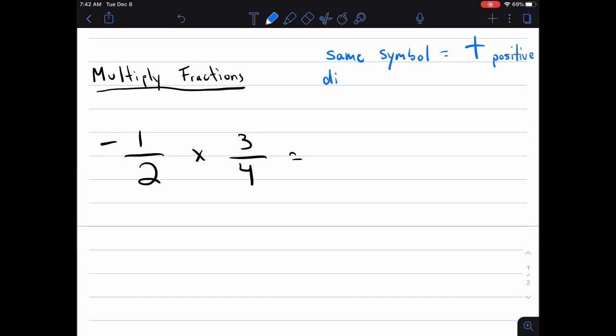And different symbols, diferentes símbolos, I get negative. So here, this is negative, and this is positive. Are they the same or different? Aquí tengo negativo y positivo. ¿Son iguales o diferentes? They are different, so my answer is negative.